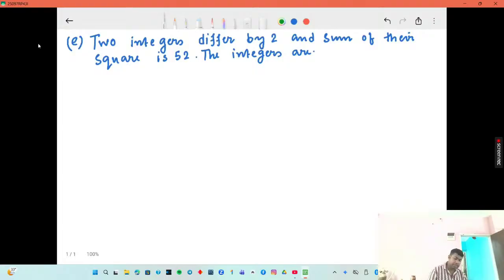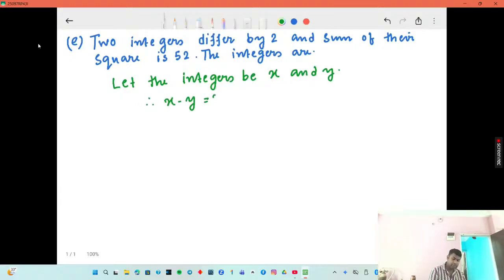So here let the integers be x and y. So we will first take what the integers are. So let the integers be x and y. So here the first condition is given as two integers differ by 2, therefore x minus y is equal to 2.